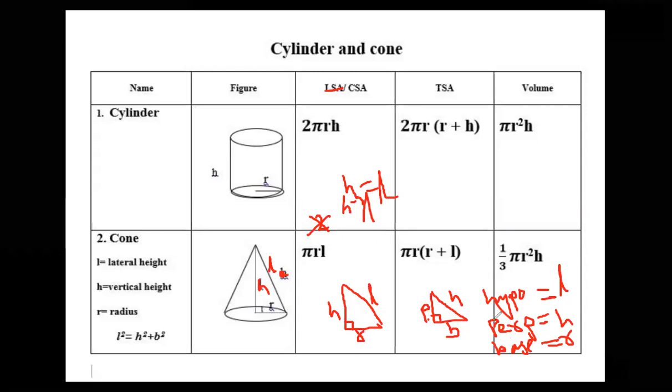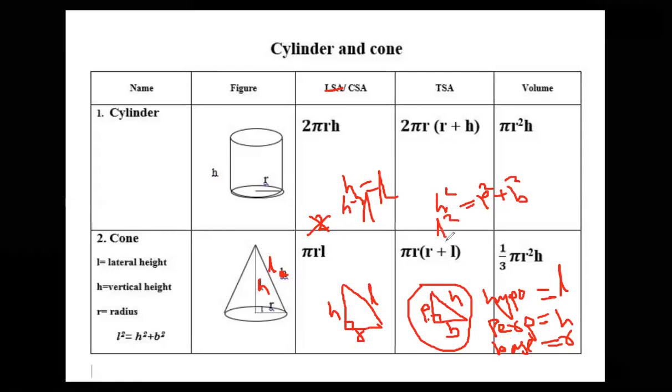Correct. Now let us use the formula. What was the formula in Pythagoras theorem? H² is P² plus B². Now in place of the hypotenuse, what is there?